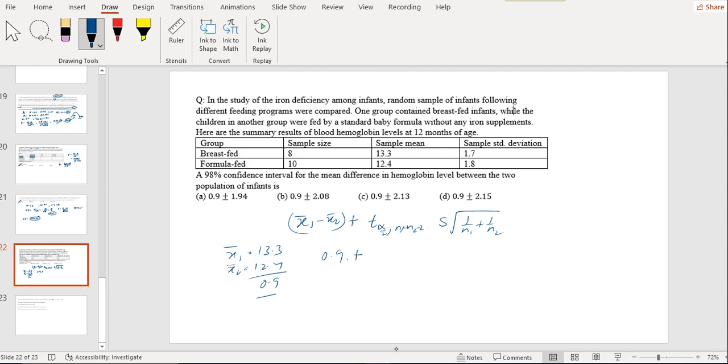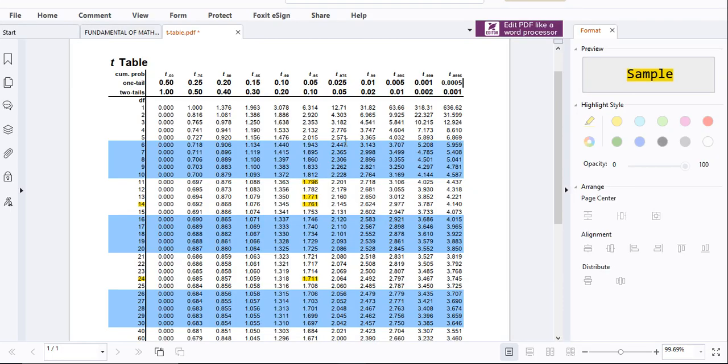Degree of freedom will be n1 plus n2 minus 2, so this is 10 plus 8 minus 2, which is 16. For 16 degrees of freedom and two-tail test, its value comes out to be 2.583.